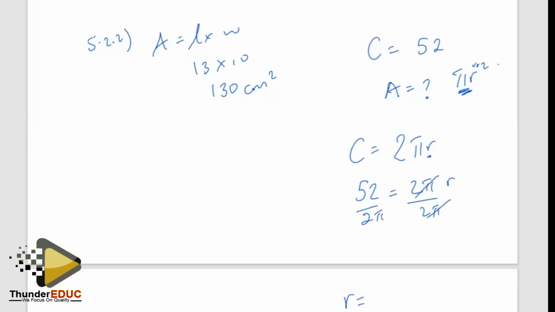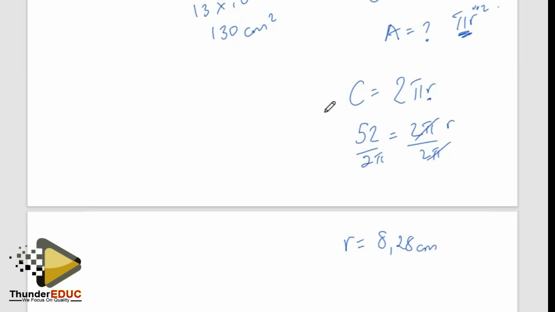When I punch 52 over 2 pi into the calculator, it gives me 8.28. Is it a centimeter? Yes. Then I just substitute this into the formula for the area, which is pi multiplied by the radius, 8.28 squared.